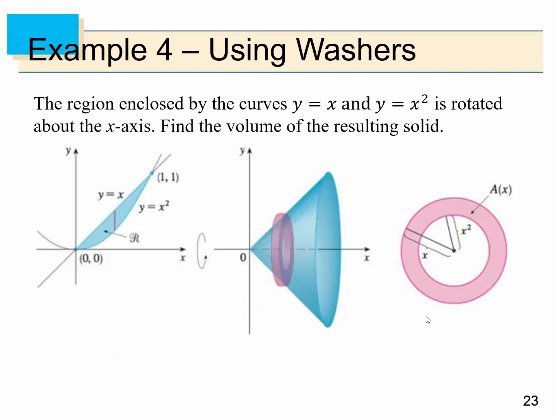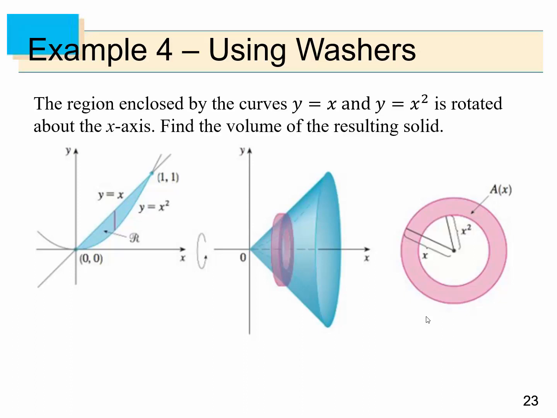All right, how about another example where now we have something where we have to find the area in between two functions and then spin that around an axis. We could have spun this around the x-axis. We could have spun it around the y-axis. It doesn't matter.